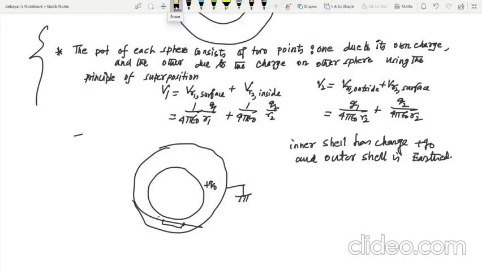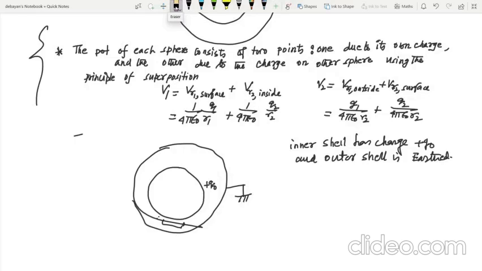So if we draw properly, this is R1 and this is radius R2.